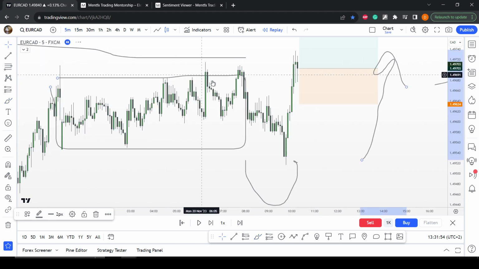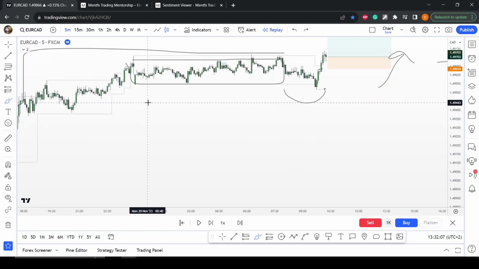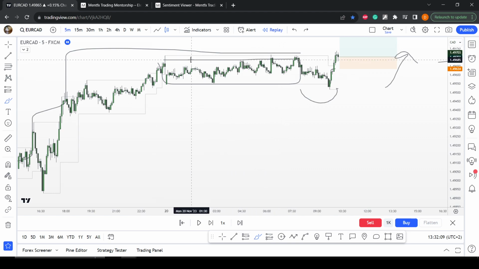And on 5 minutes we just have a clean impulse correction. Like this is almost not visible, so just bigger impulse correction, and in anticipation of a new break of this longer range, we enter.